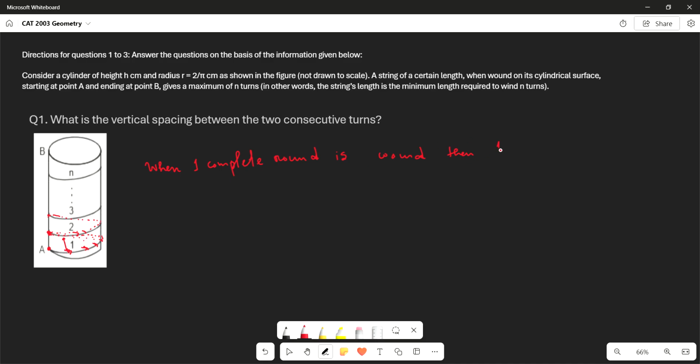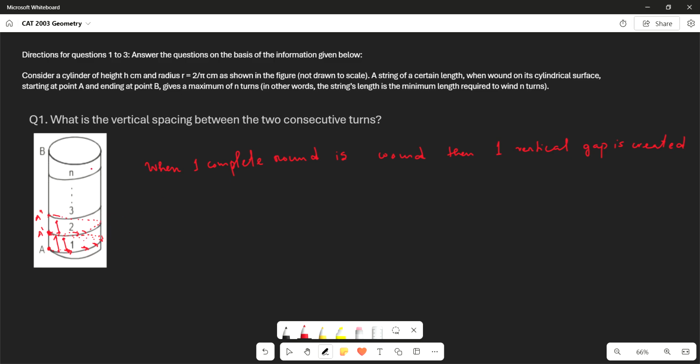One vertical gap is created. You can see, right? From here to here, when I'm going from this point to this point, suppose A dash, I'm creating one vertical gap. Again from A dash to suppose A double dash, I'm getting another vertical gap, right?